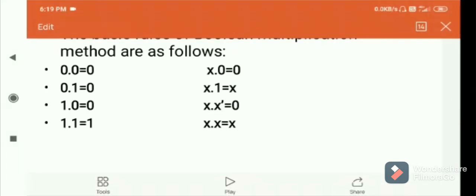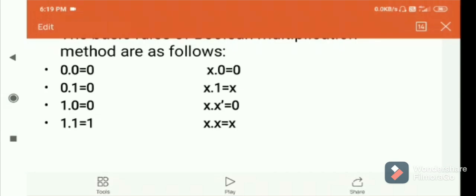So we can express x dot 0 equals 0, where x is equal to 0 or 1. Putting the value of 0, 0 dot 0 equals 0, putting the value of 1, 1 dot 0 equals 0. Same as x dot 1 equals x, where x is equal to 0 or 1.